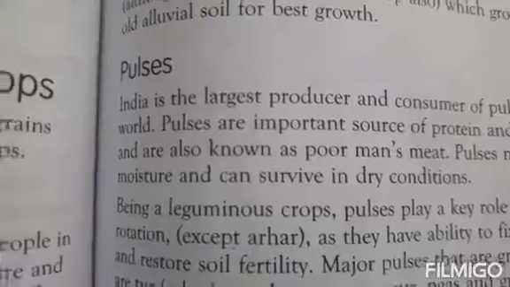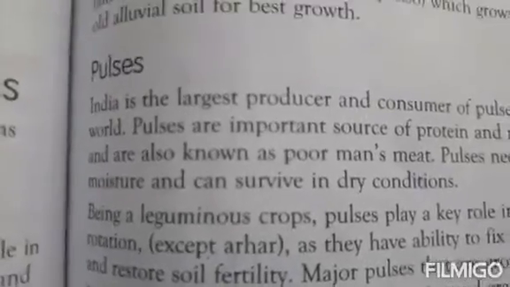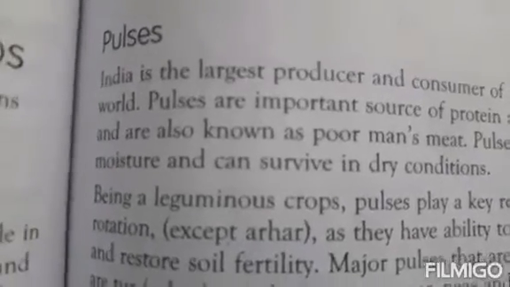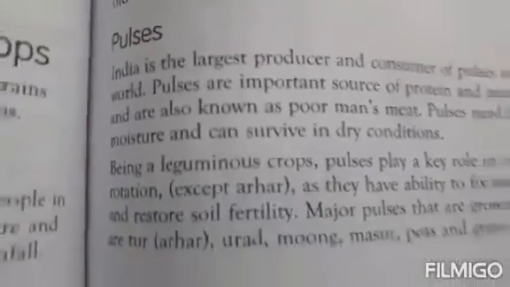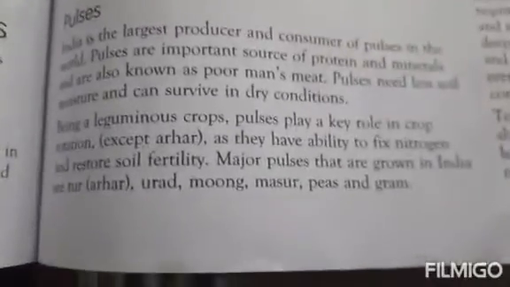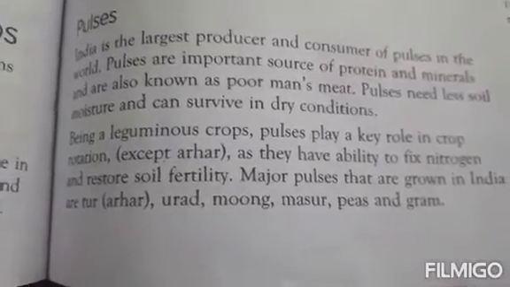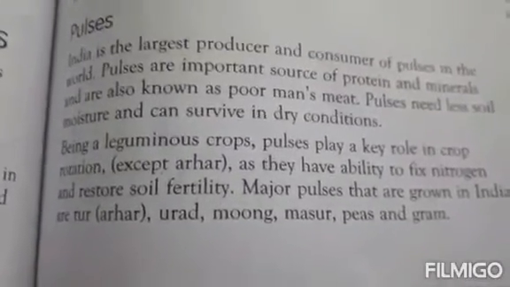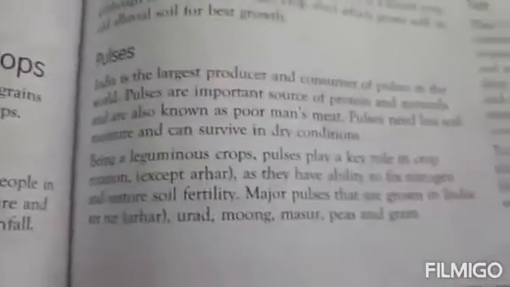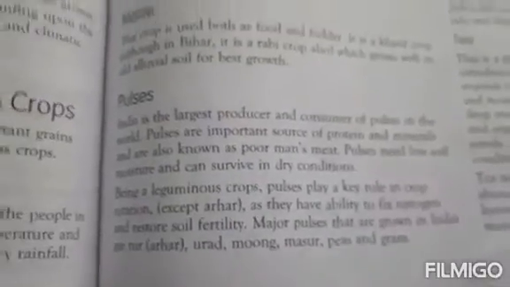Examples are moong, masoor, peas, gram, all are examples of pulses. India is the world's largest producer of pulses.